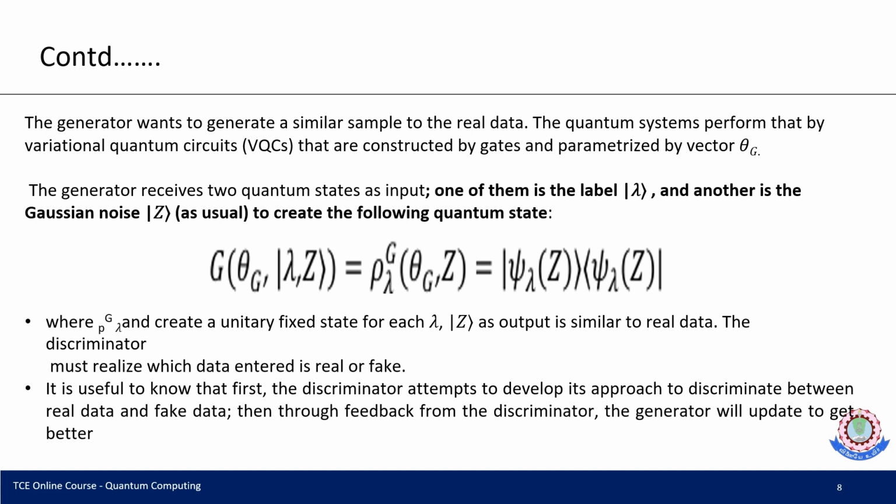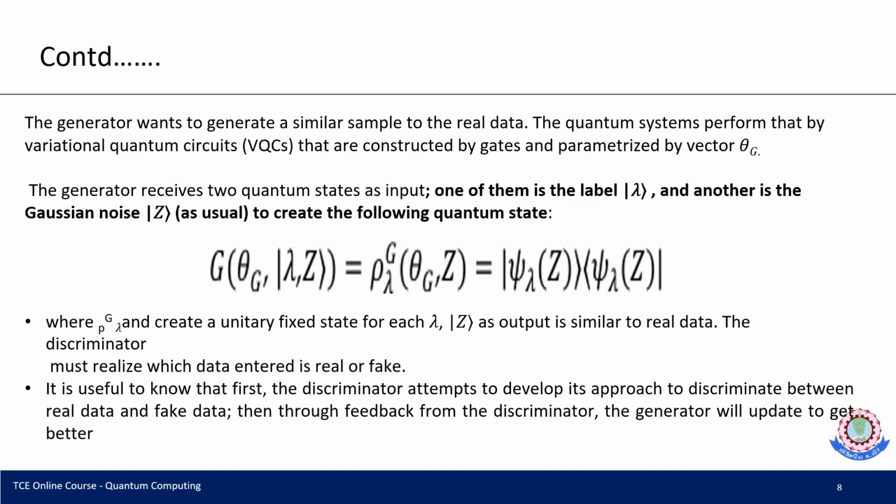To create the following quantum state, we can use this equation: G of theta g comma ket lambda, z, which is equal to rho lambda of G, theta g comma z, which is equal to ket psi lambda of z, bra psi lambda of z.